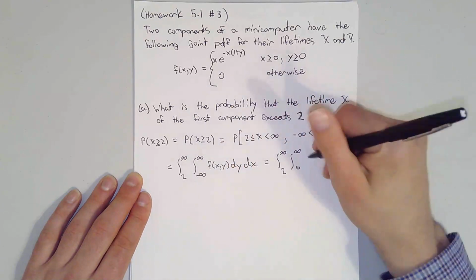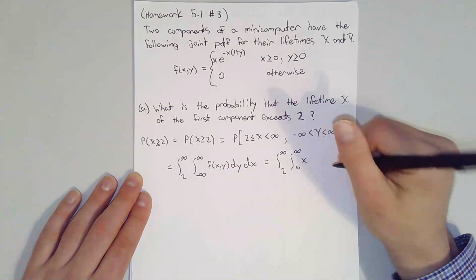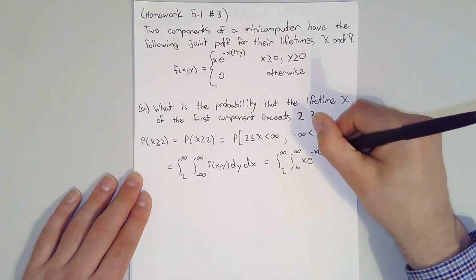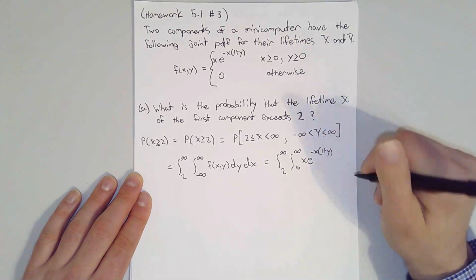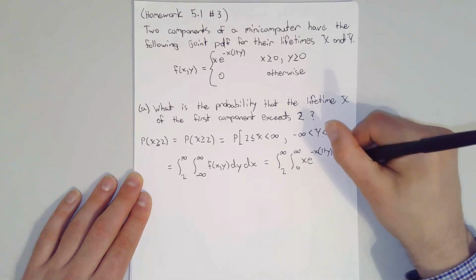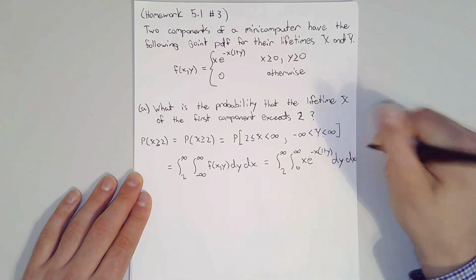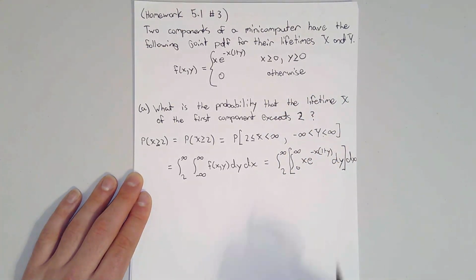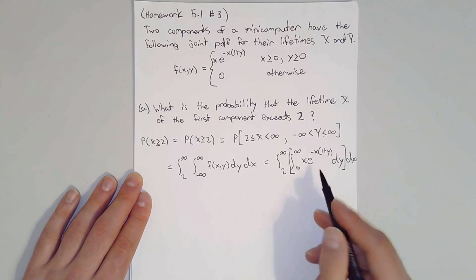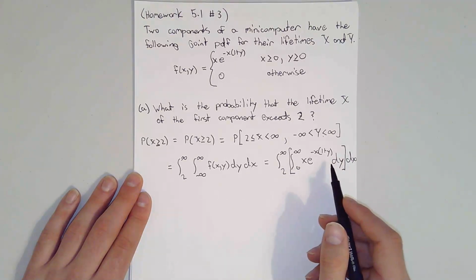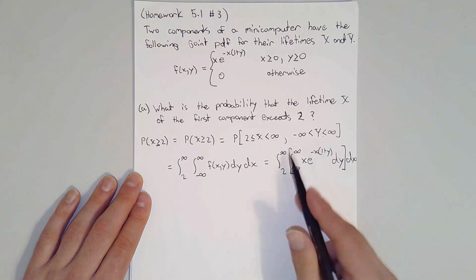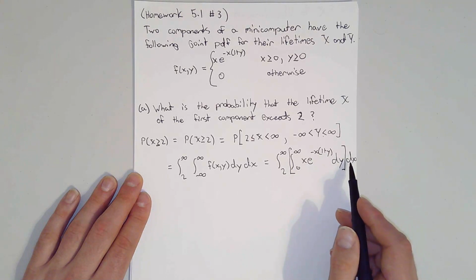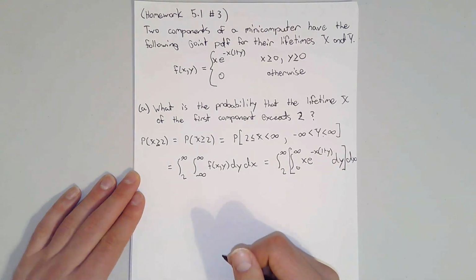And our PDF reduces down to x e to the negative x times (1 plus y) dy. I draw the inside brackets to help us understand that this inside integral will give us an expression of x after we integrate with respect to the variable y, and then integrating that expression with respect to x will then give us our final answer.